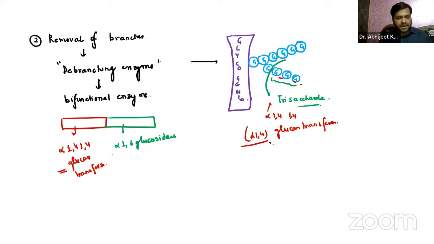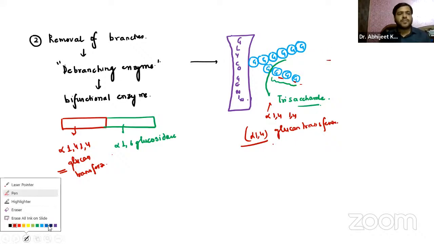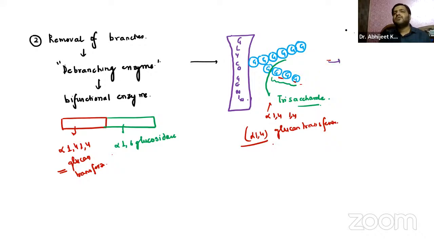After that, what will be formed? You already know we have this glycogenin. Now this glycogenin will have these glucose units over here, 1, 2, 3, 4, 5, 6.